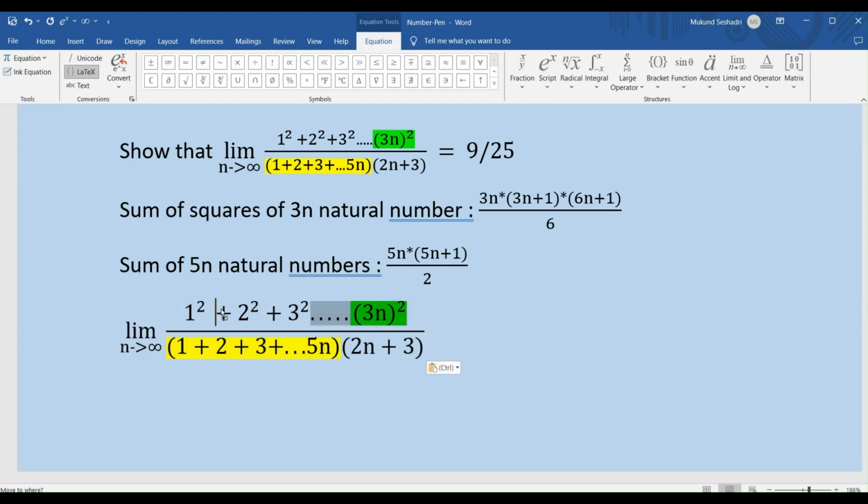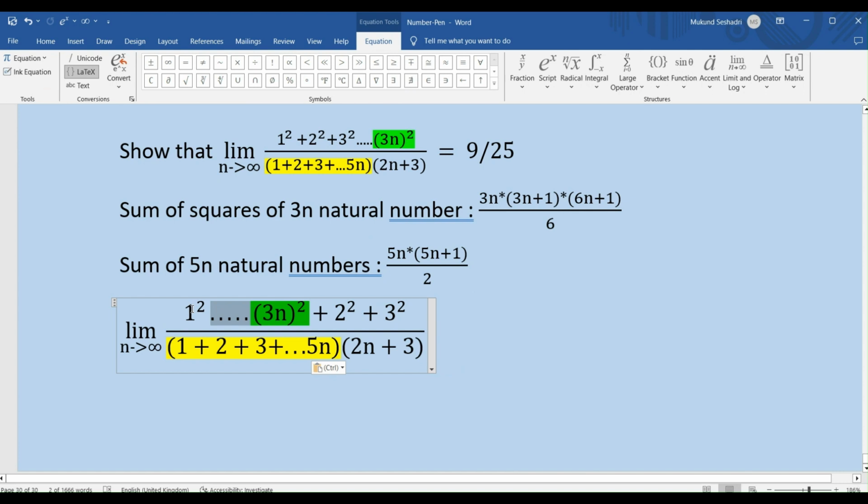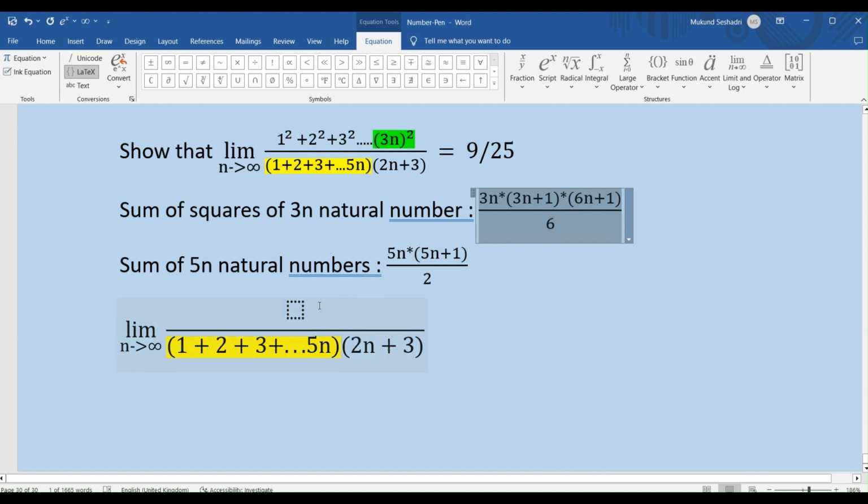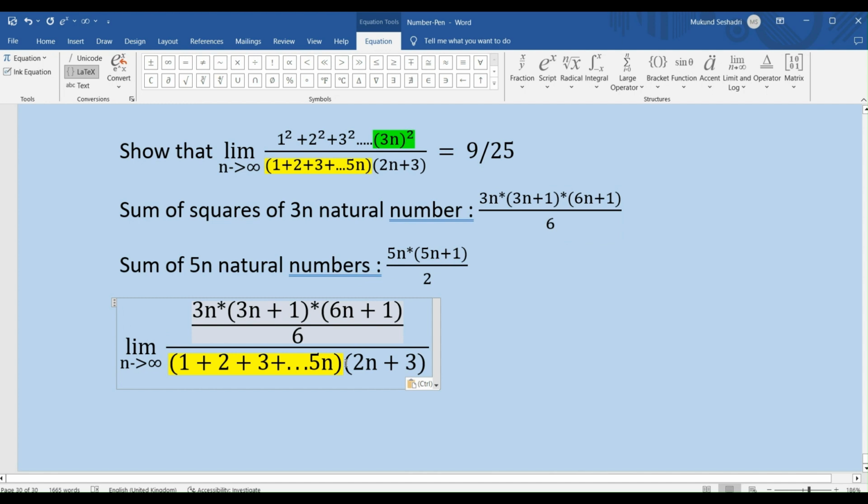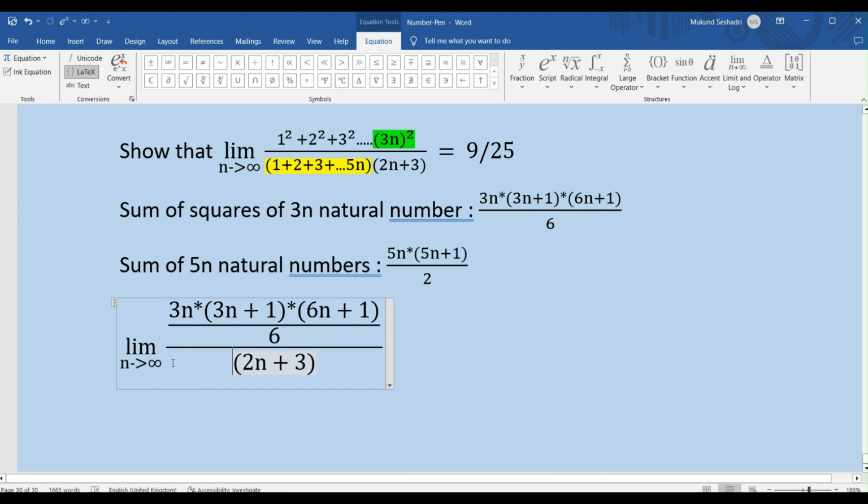I'm going to replace the numerator with this expression, copying it as it is for the time being, and I'm going to replace the denominator, the one that I've highlighted in yellow, which is the sum of natural numbers up to 5n, with this expression, right?